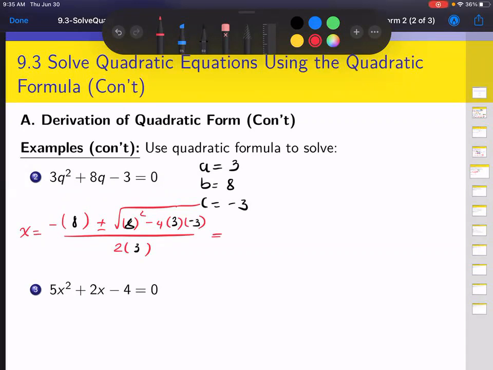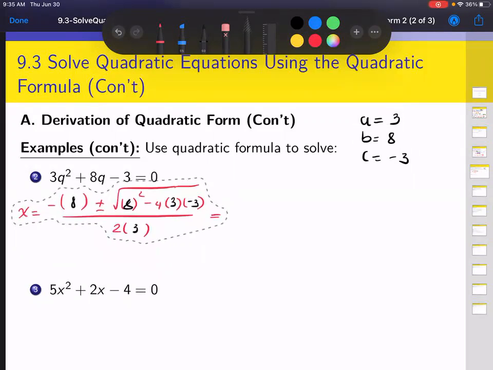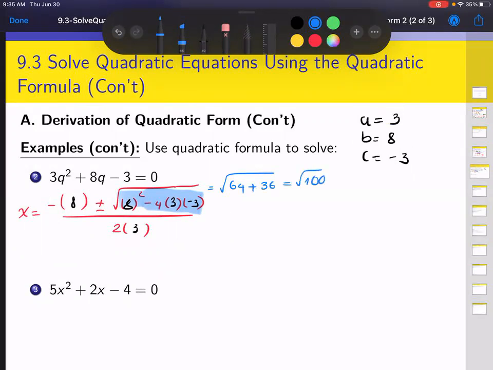Simplify. So this right here, 8 squared is 64. You can use a calculator. You don't have to do what I do. 64 minus, what? Plus, right? Minus is plus 36, which is 100, which is 10.